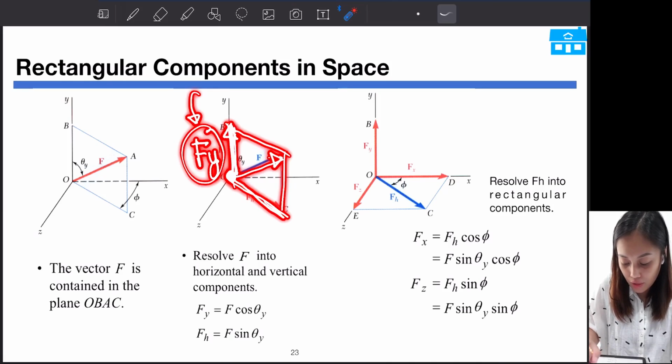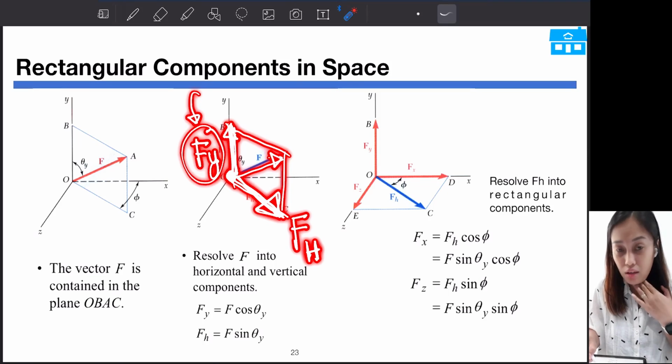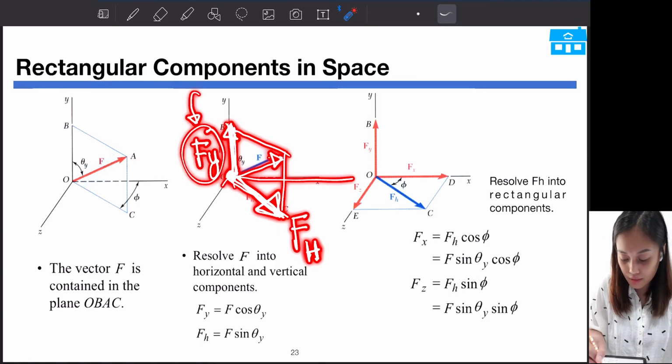But its other component, say FH, lies on the XZ plane.